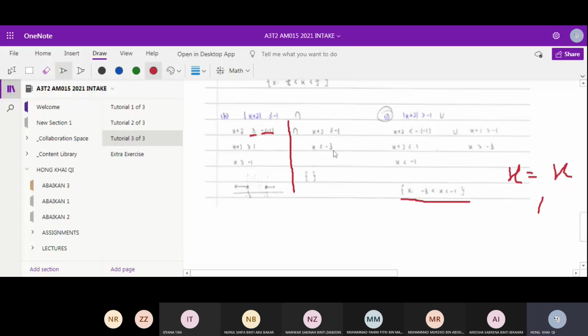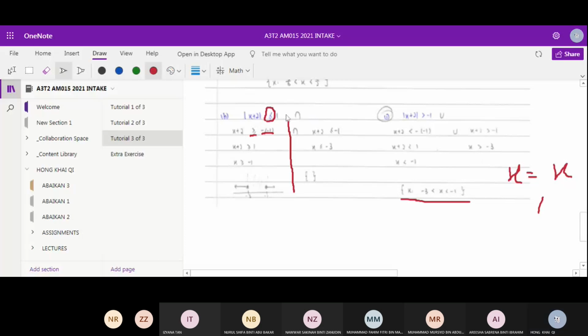Then we need to draw a number line. You need to classify whether the answer is union or intersection. You need to see the symbol.